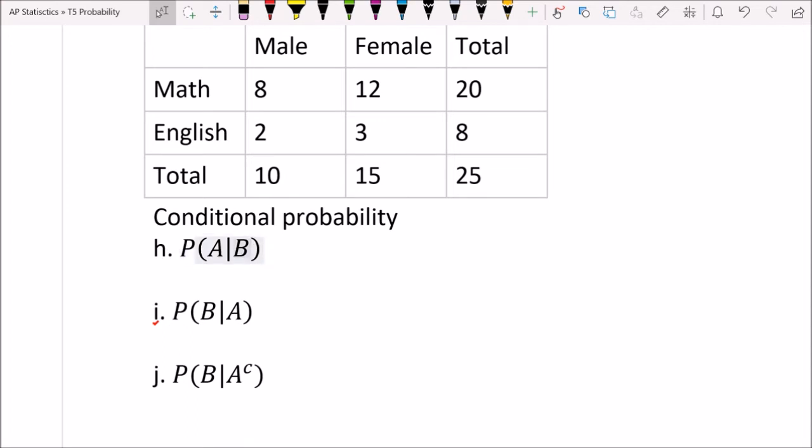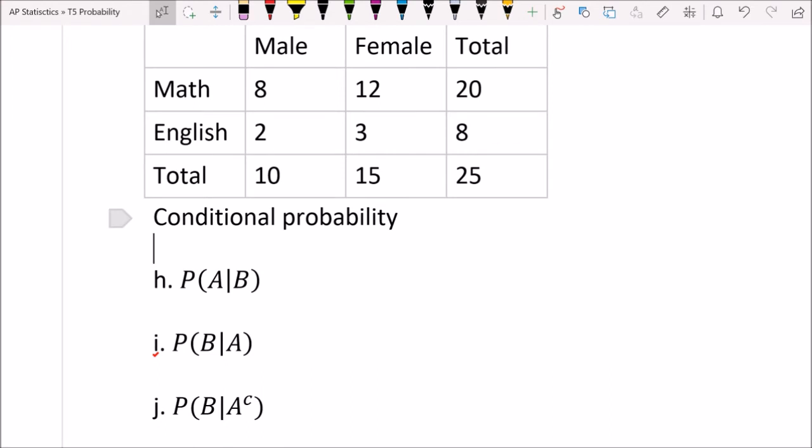So when we do conditional probability, it's kind of like the first part is a question, and the second part is the denominator.